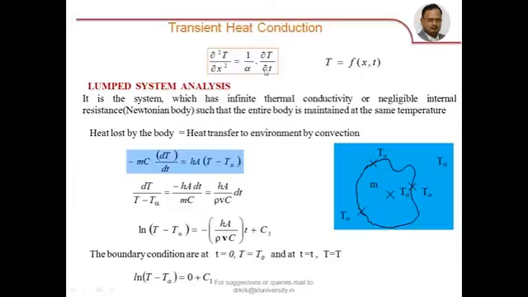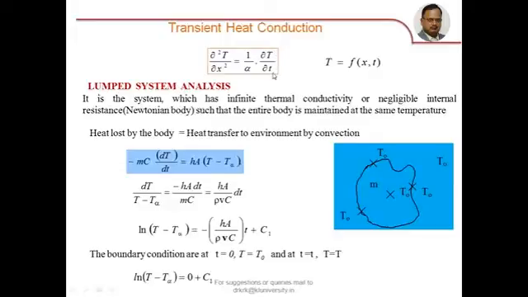If it were a simple equation like d²T/dx², we could solve it. But now the temperature is a function of two variables, x and t: ∂²T/∂x² = (1/α) ∂T/∂t. For this equation, you need two boundary conditions and one initial condition.